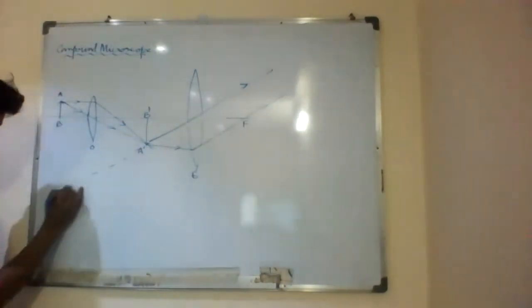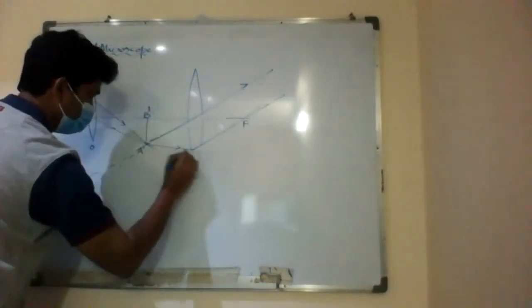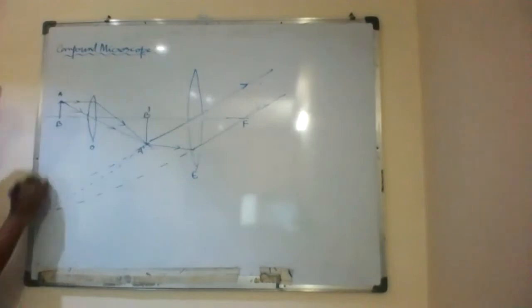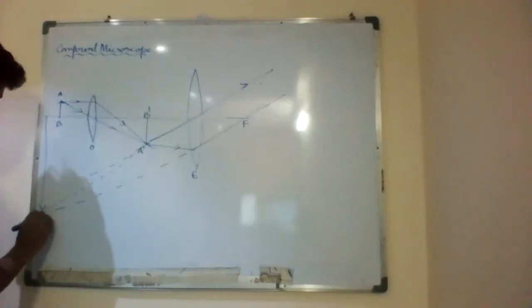So they meet here. This is A double dash and B double dash.